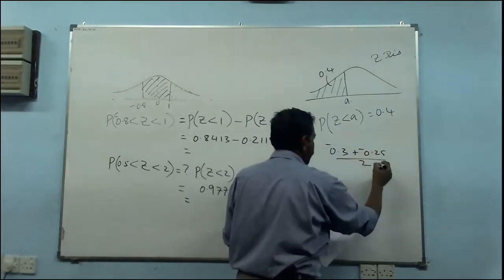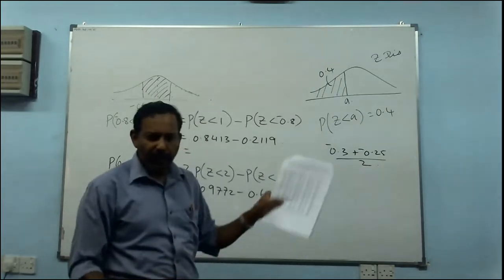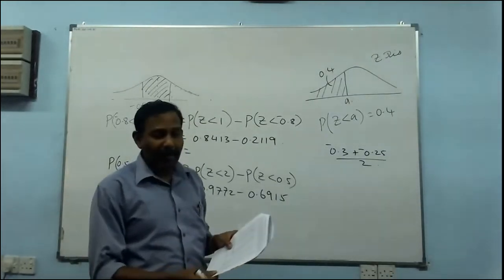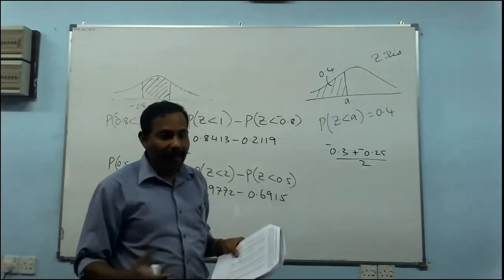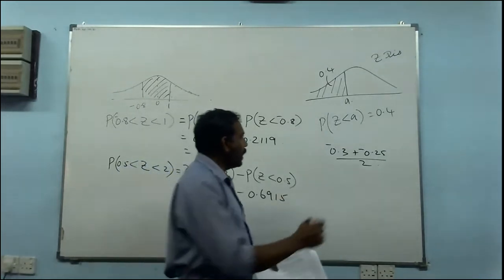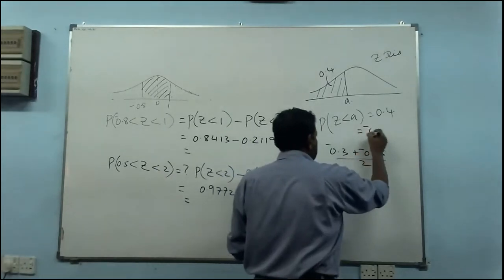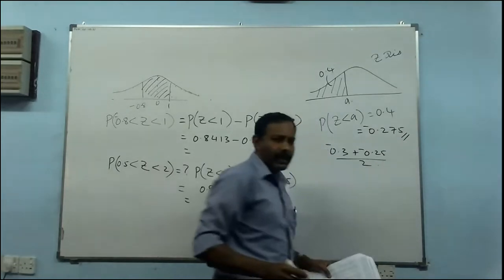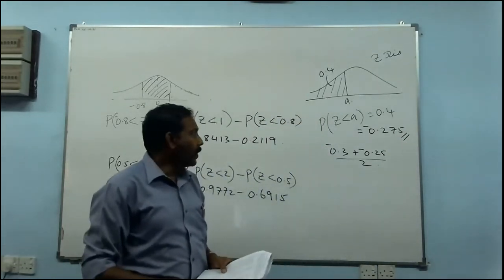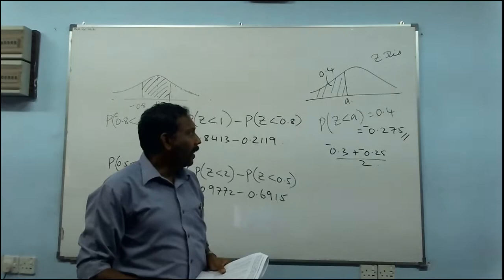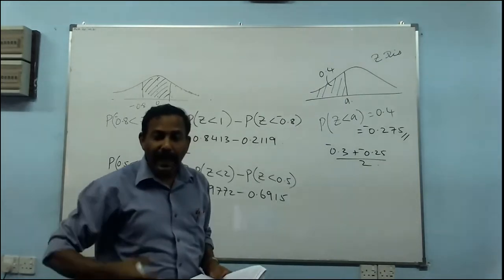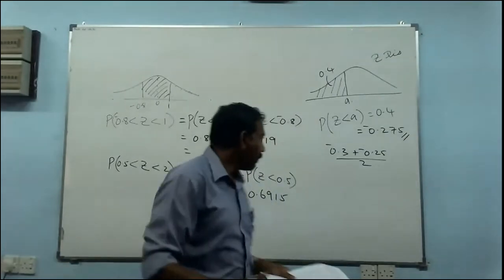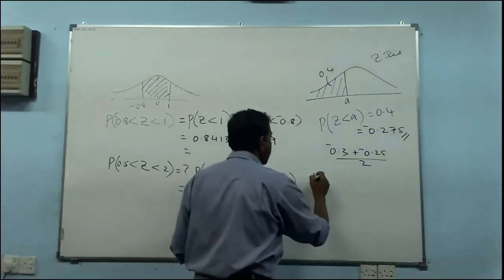Take the average. That is the best way, because we don't get the p-value exactly for all values. So what is the average here? Minus 0.275. That is the answer for A. Clear? Find out this.